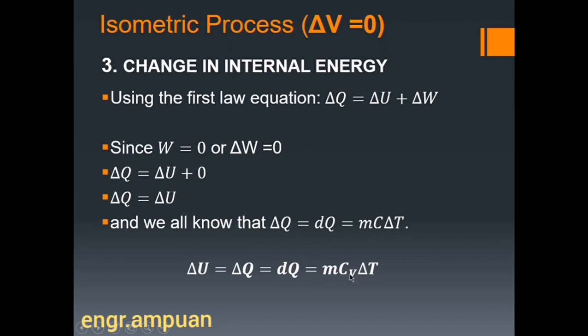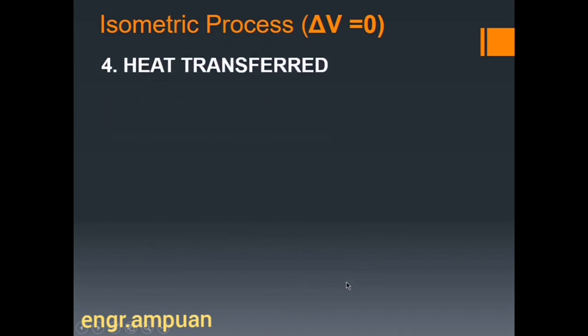It is because we are in a process at constant volume, so we use the specific heat at constant volume. So Q, or the heat transferred, is equal to mcΔT. Again, we use C sub V because we are at constant volume.